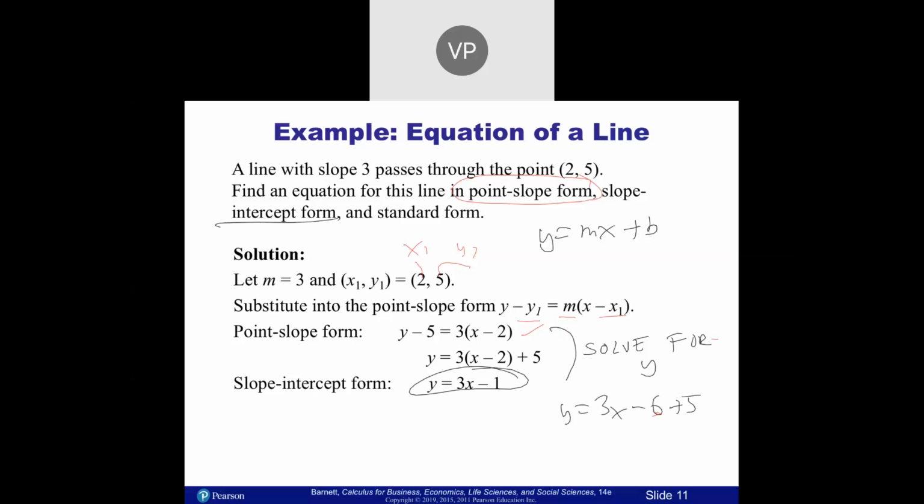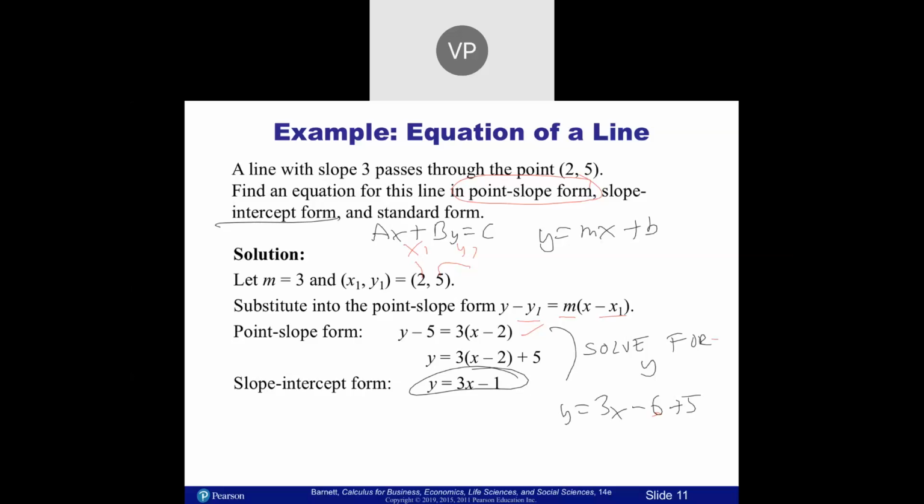Okay, then the last part is to get it into standard form, and I'll write under here, this is your standard form, ax plus by equals c. One of the things here too, and I didn't mention this earlier, normally when you have the ax plus by equals c form, you usually don't have any fractions. So a is a whole number, b is a whole number, c is a whole number.